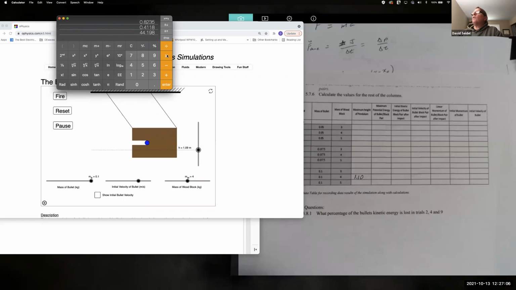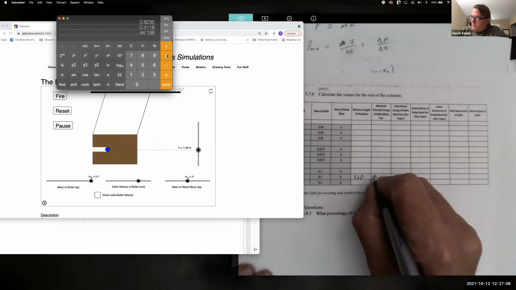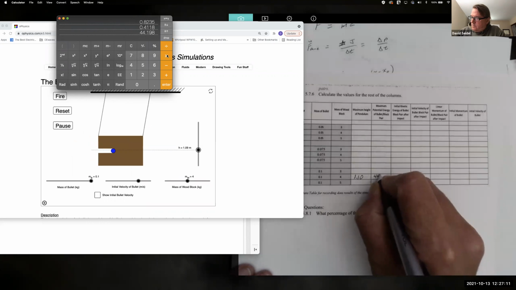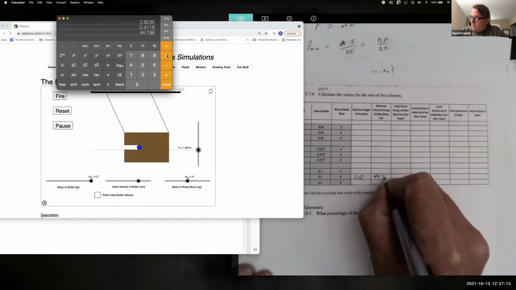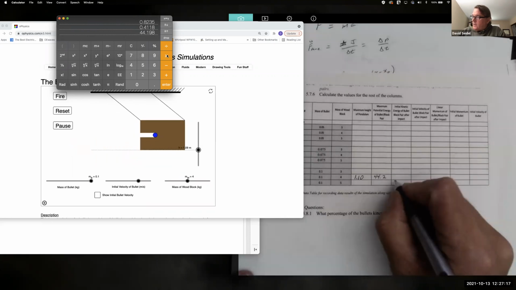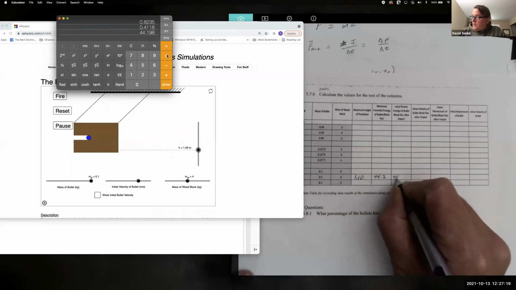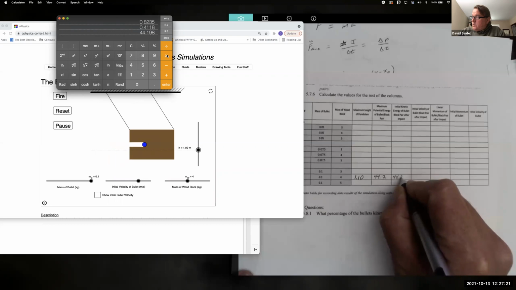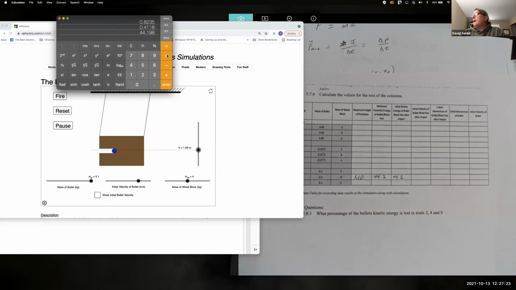And I get 44.2 joules. So my initial kinetic energy is 44.2 joules. Now I'm just going to do root 2GH for my velocity.